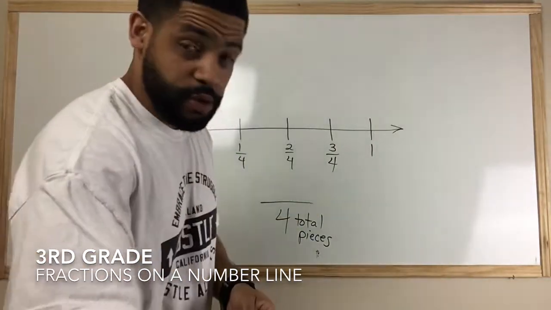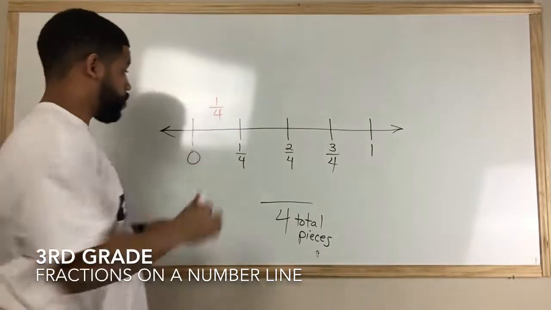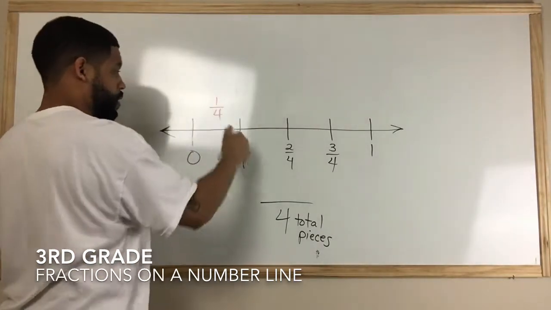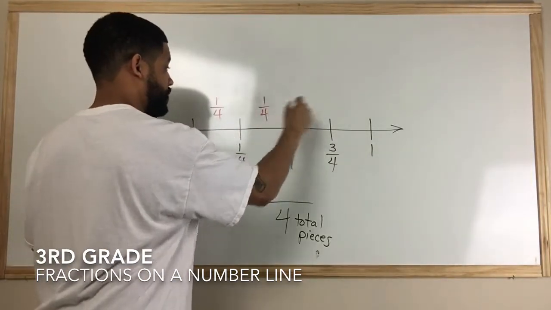Now here's the kicker again. Each of these sections has a size of 1/4. From 0 to 1/4, that has a size of 1/4. From 1/4 to 2/4, that has a size of 1/4.